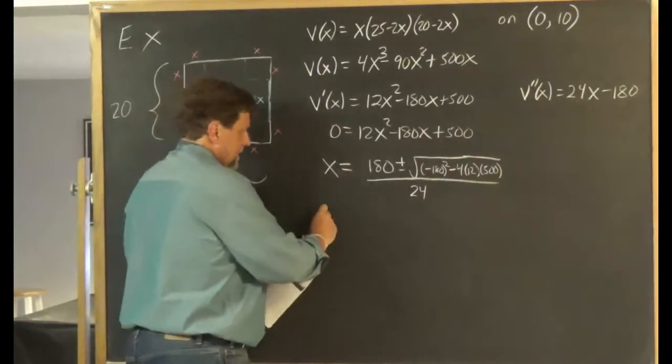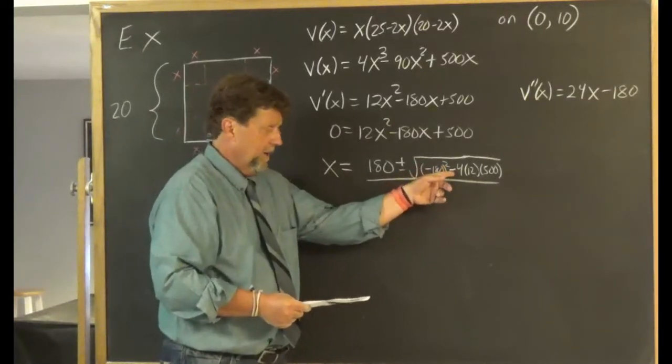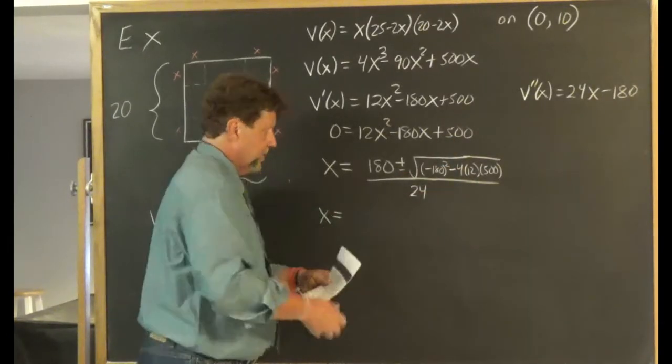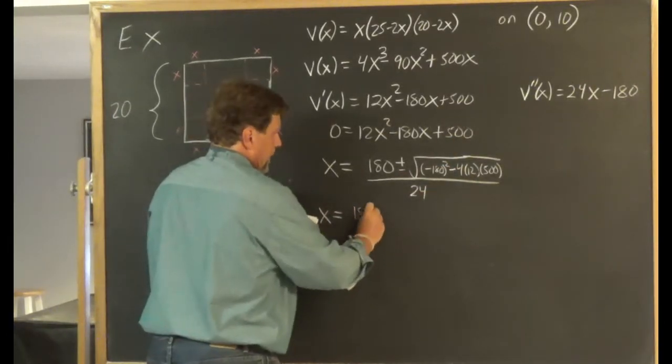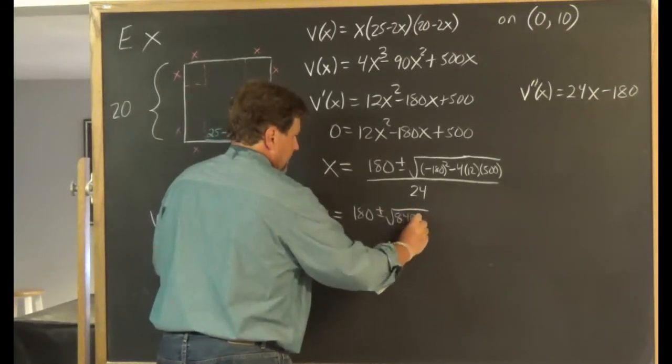All right, so if you take negative 180 and square it and then subtract 4 times 12 times 500, you're going to end up with, under the radical, an 8400.